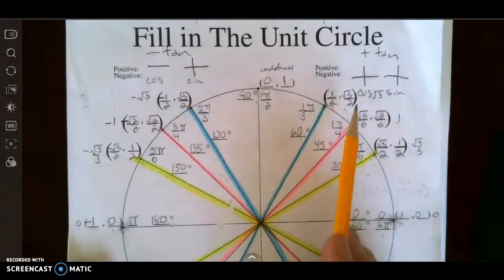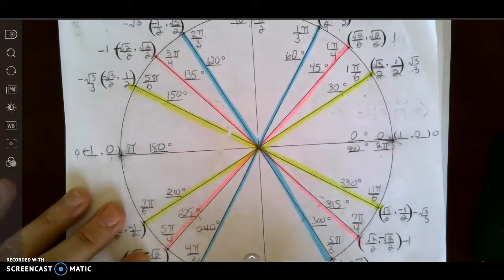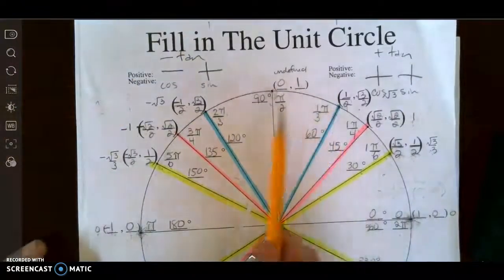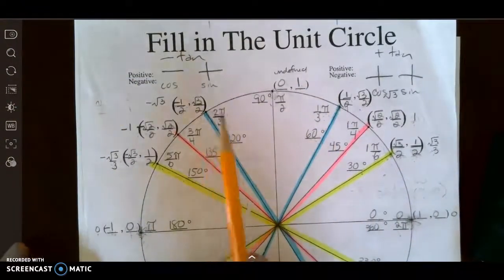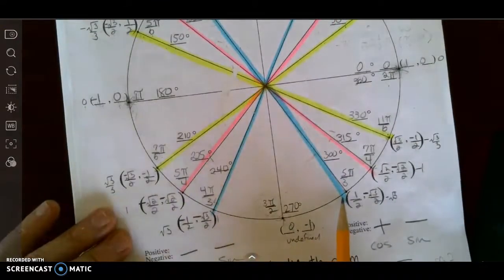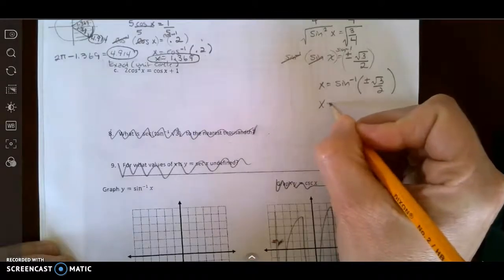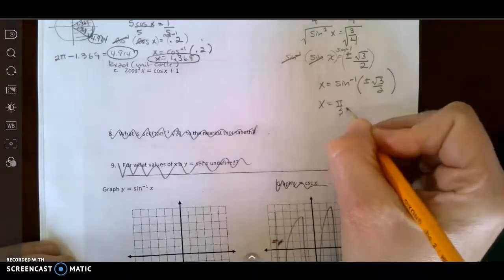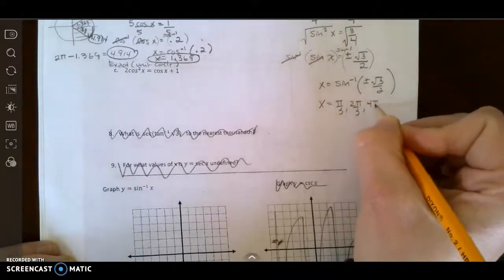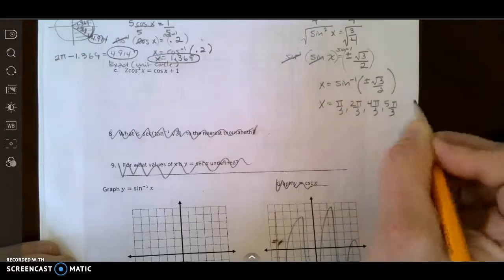And since I want plus or minus, it's going to be where all of my blues are. So I'm going to have pi over 3, 2 pi over 3. Down here I've got negative at 4 pi over 3 and 5 pi over 3. So x equals pi over 3, 2 pi over 3, 4 pi over 3, and 5 pi over 3.